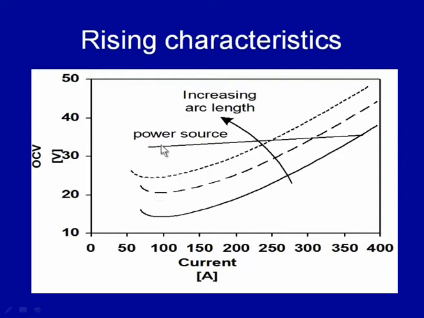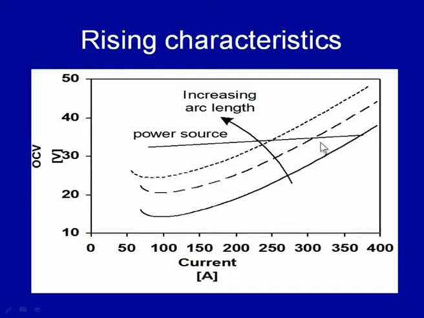We can see that this straight line with the slightly sloping upward is the rising characteristic power source characteristic, and we can see that if we increase the welding current, there is very marginal increase in the arc voltage, and this type of power source is important for those welding processes where it is strictly required to have the constant voltage.